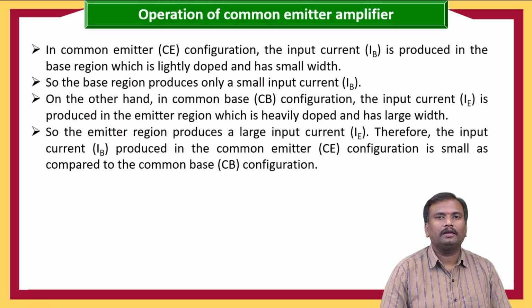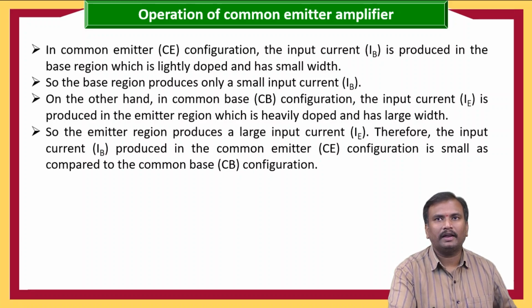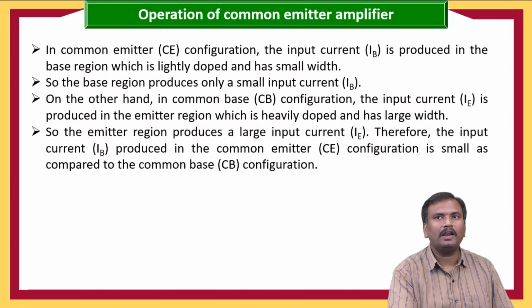Why we are having the less current in the input current is because the base in the transistor is lightly doped, which has small width. So the input current is the base current, which is of very less value. So the base region produces only a small input current, that is IB.